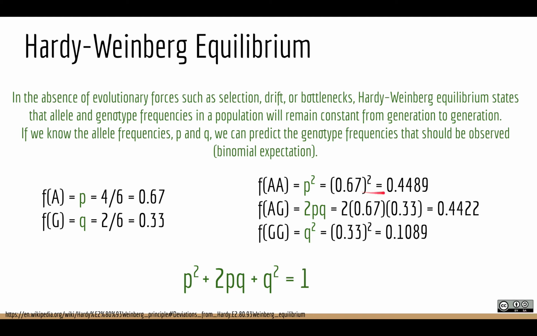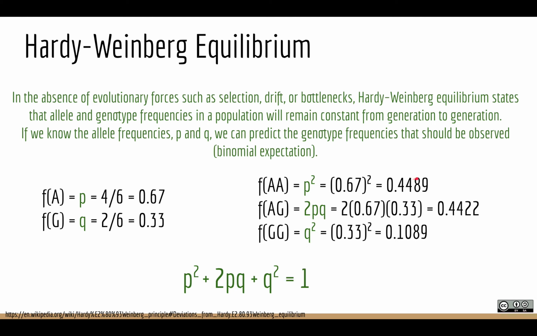So we expect 44.89% of individuals to be homozygous AA. We expect, just plug and chug here, 2 times P times Q, 44.22% of individuals to be heterozygous. And we expect a much lower fraction of individuals to be homozygous for the alternate allele.